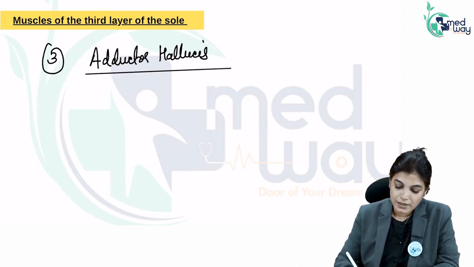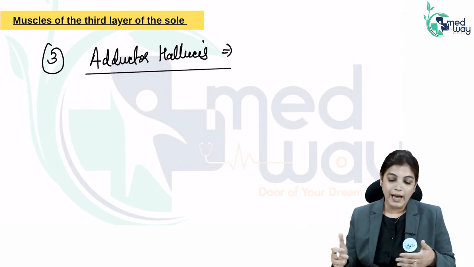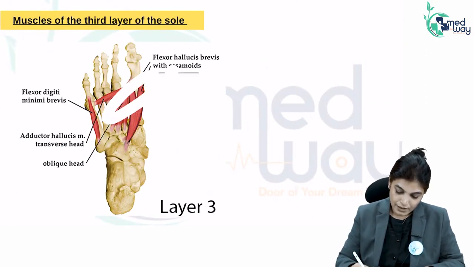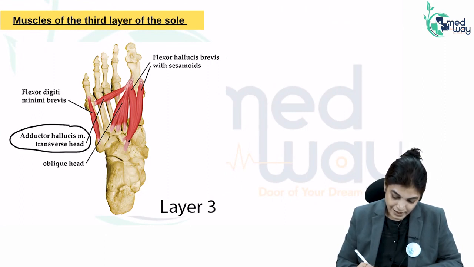Adductor hallucis will have an oblique head and a transverse head. If you want to see the image, you can see here that adductor hallucis has an oblique head and a transverse head.